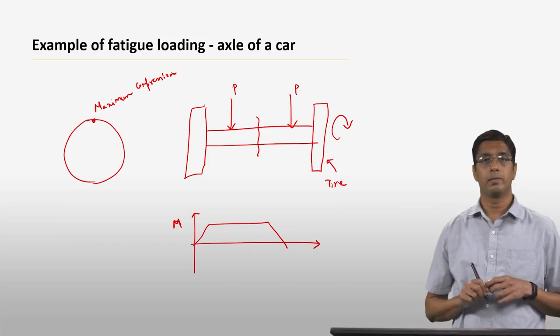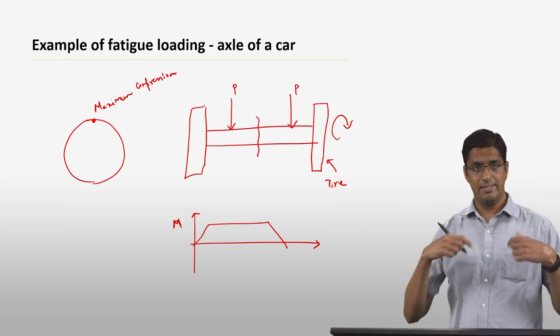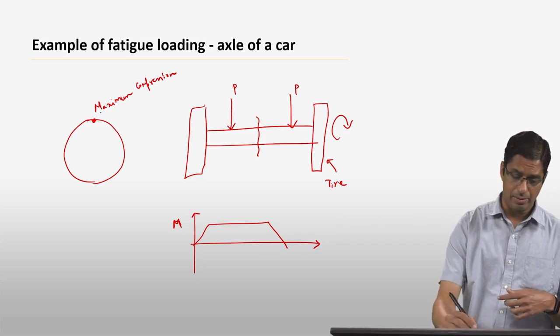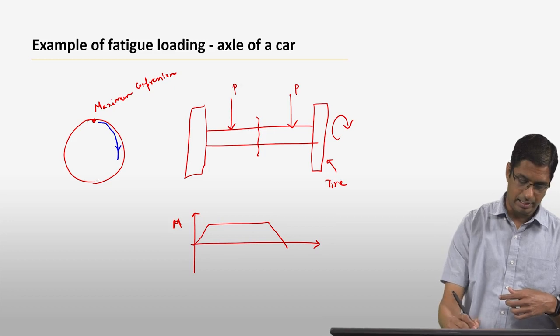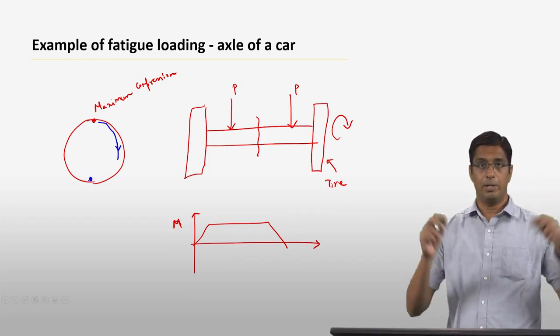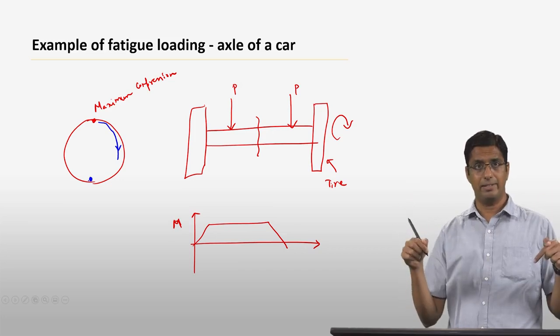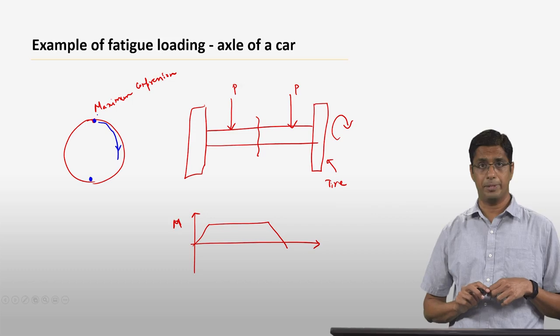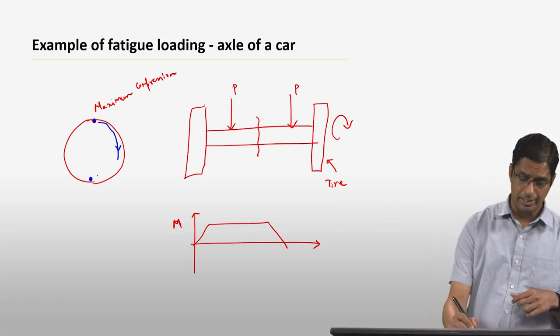Now, as the tire starts to rotate, this point is essentially going to start rotating because that is the shaft. So essentially it's going like this, and then at some point it's going to come over here. Now the load is still acting in the vertical direction. So if this point on the cross section was initially under the maximum compression, now when it comes over here, it is going to be under the maximum tension.